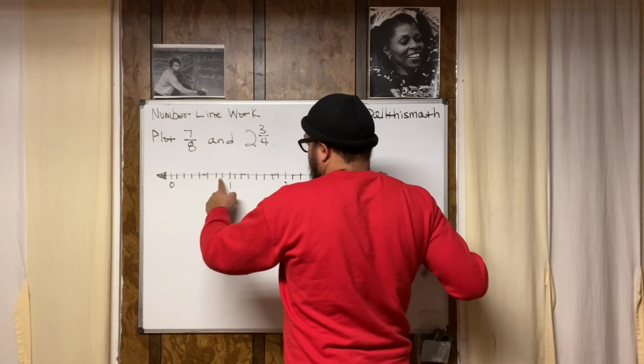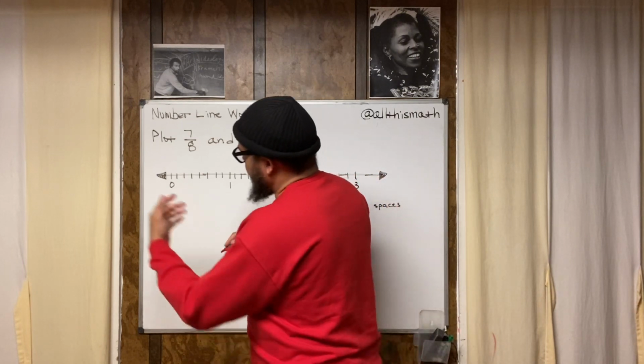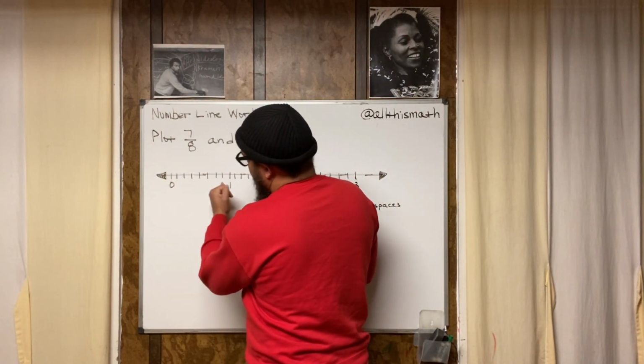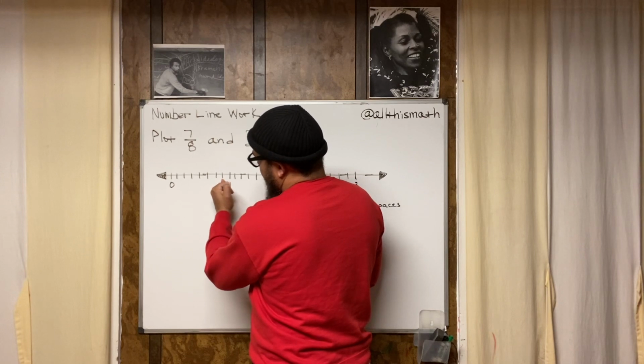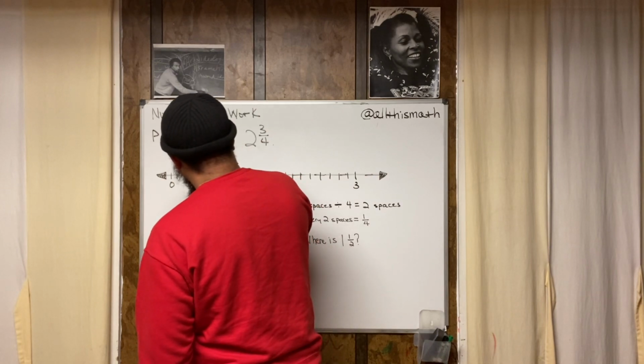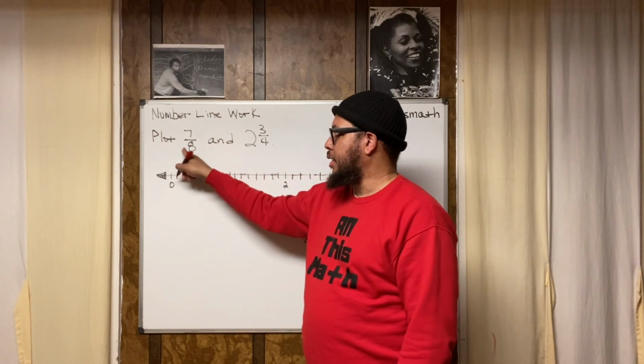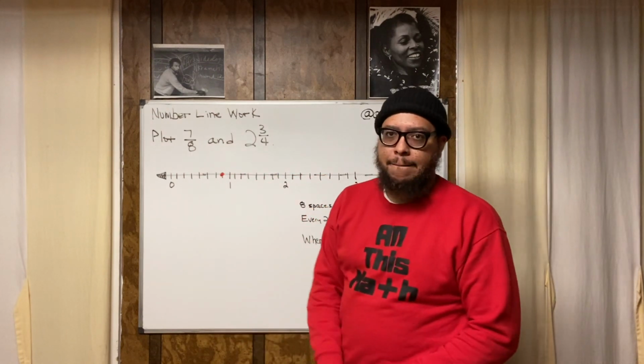So what you do is, that's where 7/8 is, right? 7/8 represents the space between 0 and this line right here. So you're going to draw a point right there. I just plotted 7/8 right there.